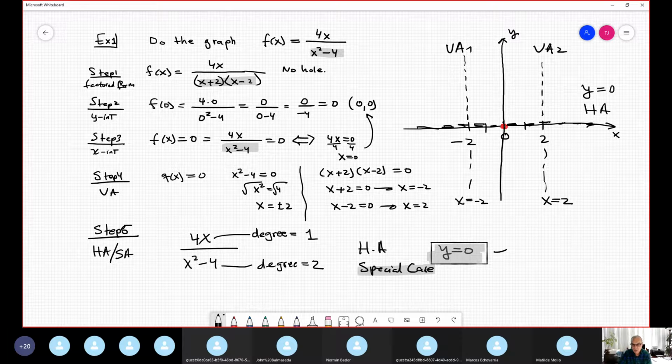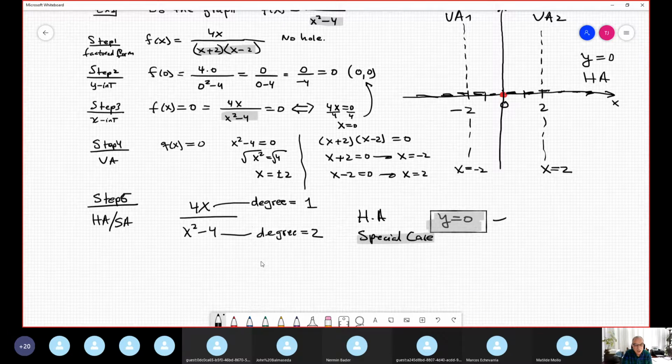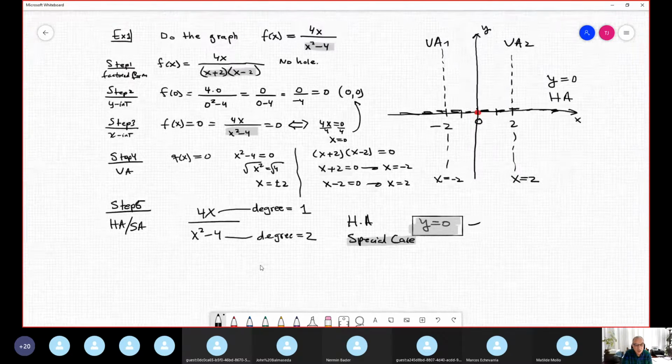This is a picture of the asymptotes: 2 vertical and 1 horizontal. Okay, so don't forget, when you have a horizontal or slant asymptote, you need to find a special point in which our curve crosses the horizontal or not, because it can happen.